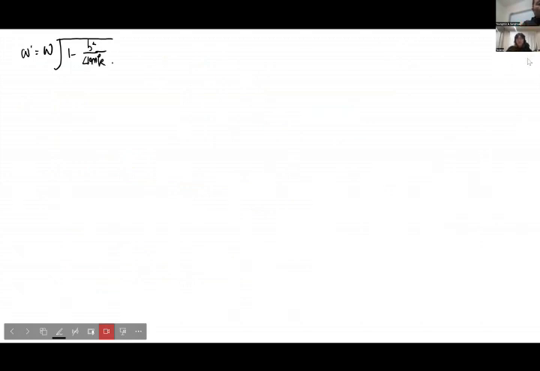So as I said, number one, if b squared is much larger than 4mk, then the inside of this square root will be negative. So this omega prime will be an imaginary number.